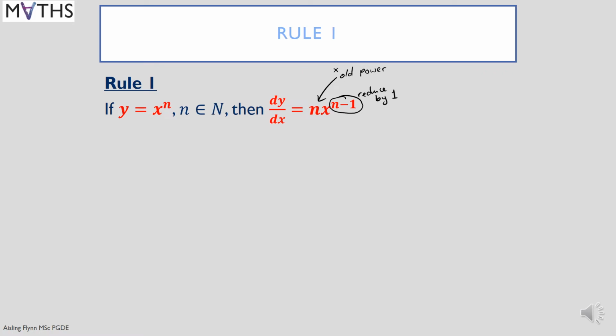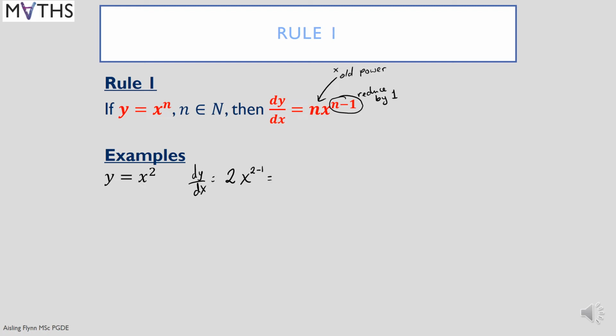Let's have a look at what that means by doing an example. Let's start with our y equals x squared curve and apply the rule above. My dy/dx will be equal to, I have to multiply by the power in front, so 2 comes in front, then I have x, and then I have to reduce my power of 2 that I started with by 1.